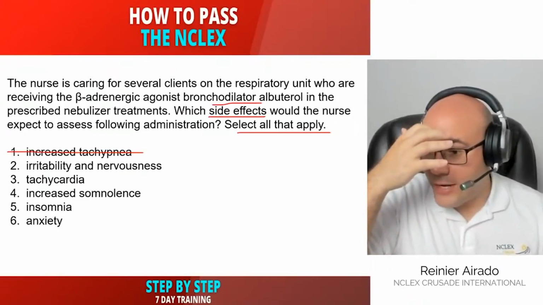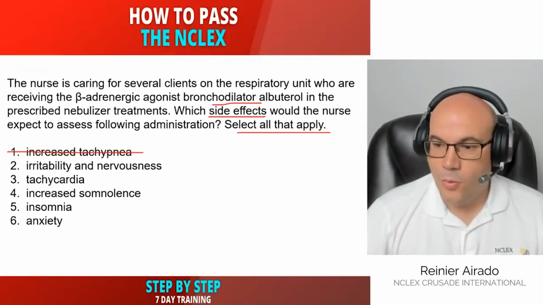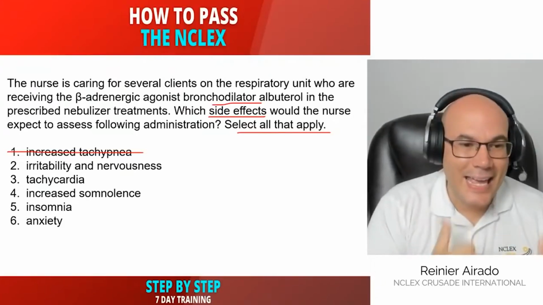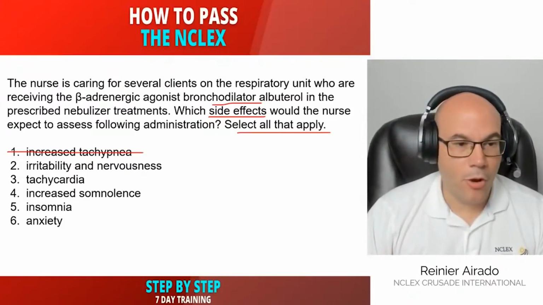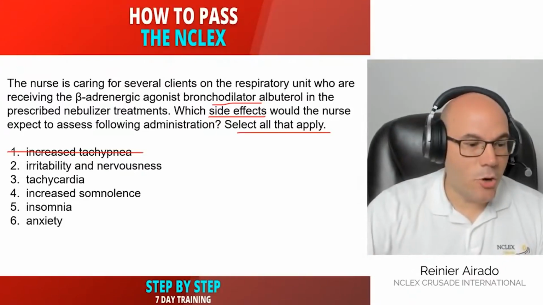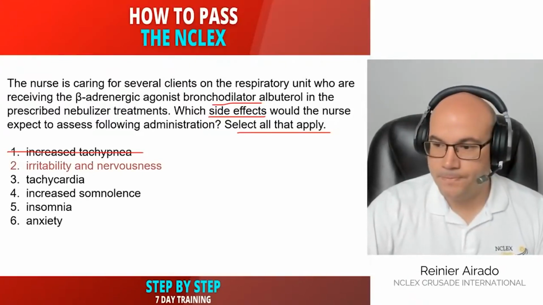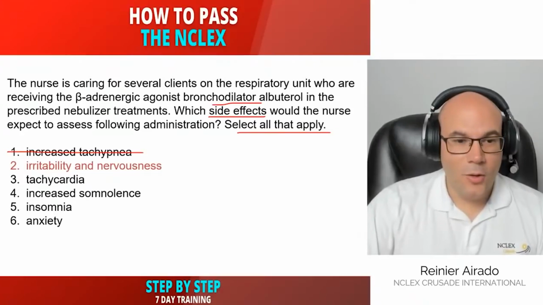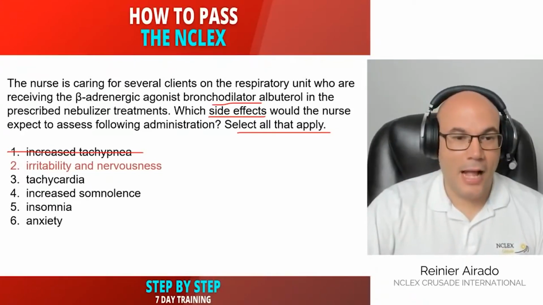Now, irritability and nervousness, shakiness, we see that as a side effect of albuterol, of a bronchodilator. So answer number 2 is a definite correct answer. Now, what do we see in patients that take albuterol?